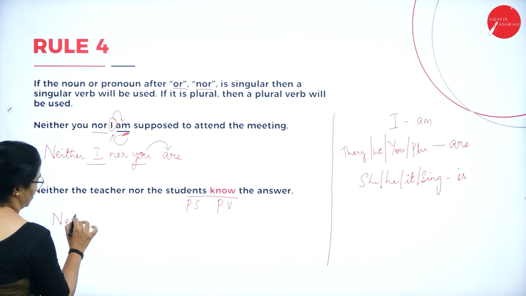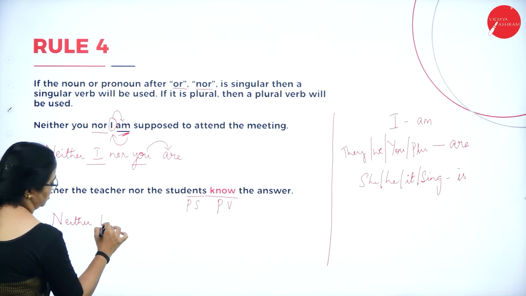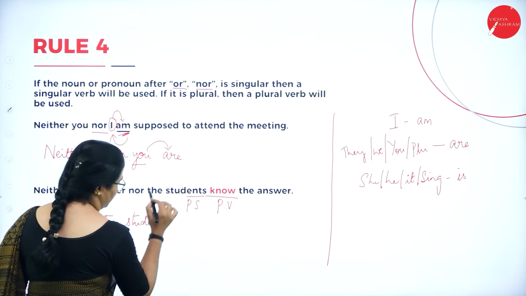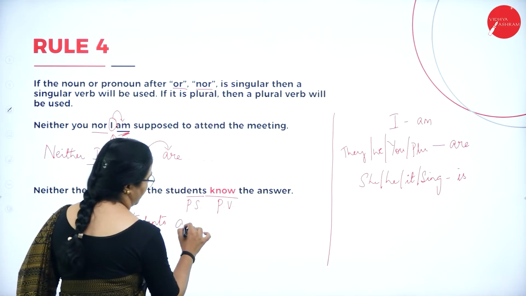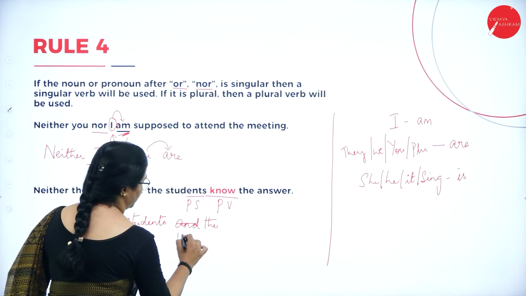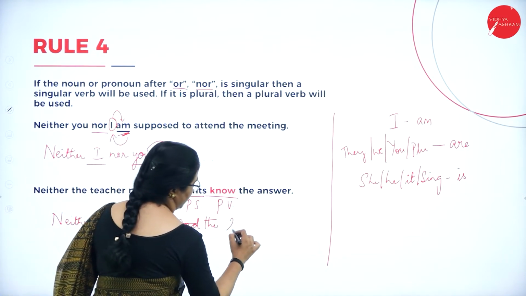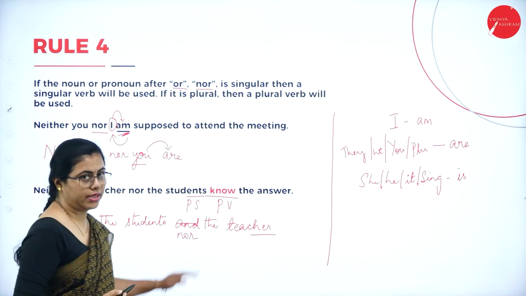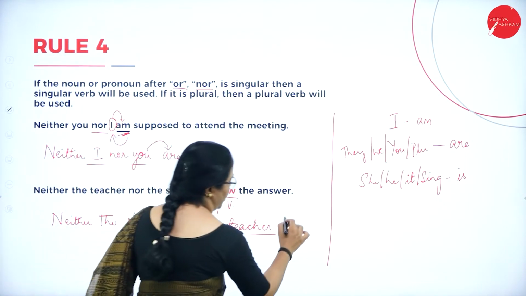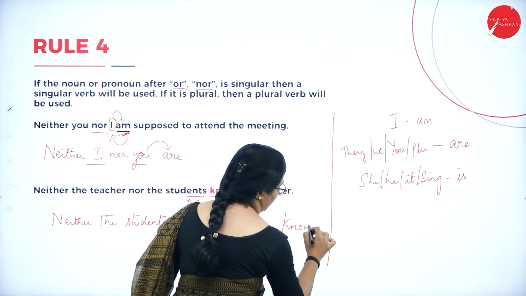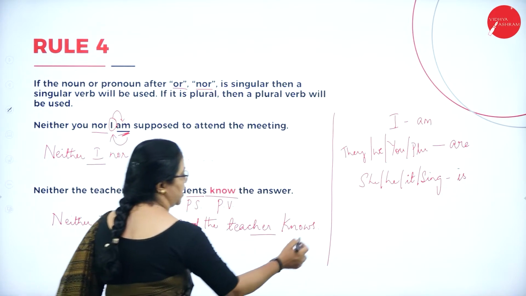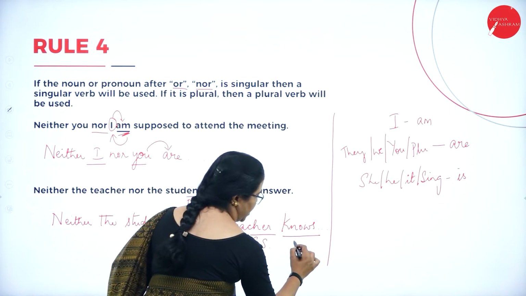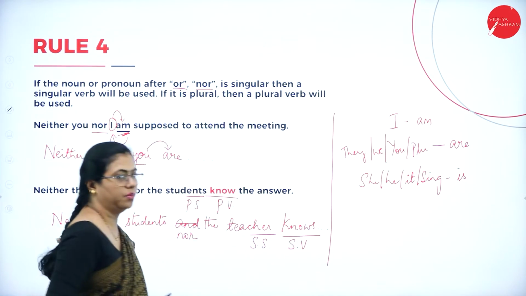Suppose I would say, neither the students, I'm taking the plural subject first, then nor the teacher. So here it is singular, so I am filling a singular verb only. It is "knows," and the sentence continues. This is a singular subject, so this has to be a singular verb.